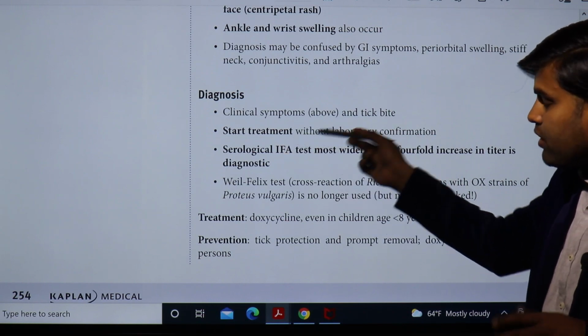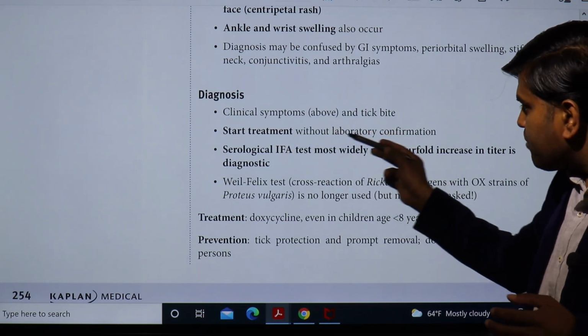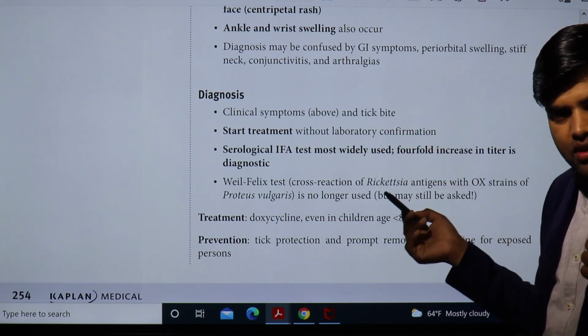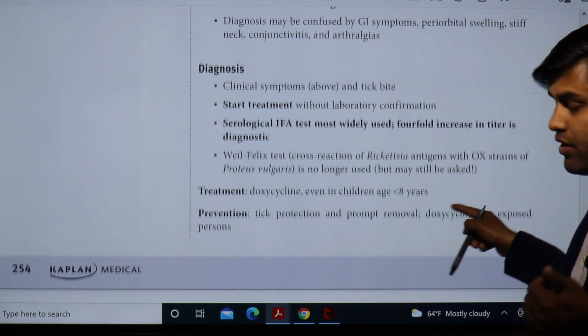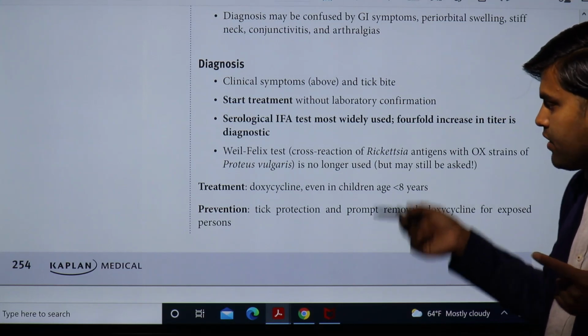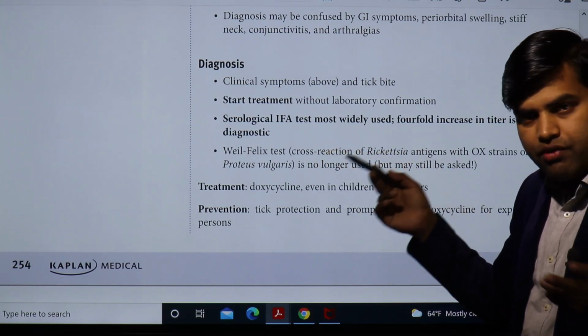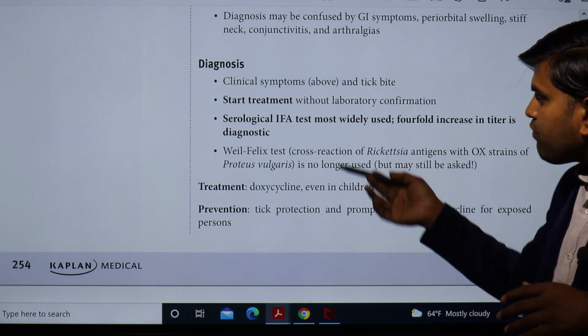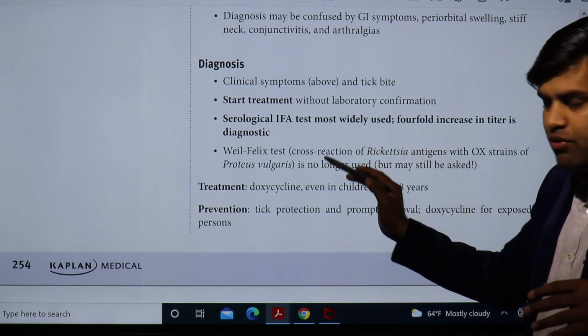We have serological tests, but you don't even need them, because if you start treatment without laboratory confirmation, since this may be fatal. Serological diagnosis is immunofluorescence assay and fourfold rise in the antibody titer. We can even do the Weil-Felix test, which is done primitively in underdeveloped countries where there is no facility for serological tests.